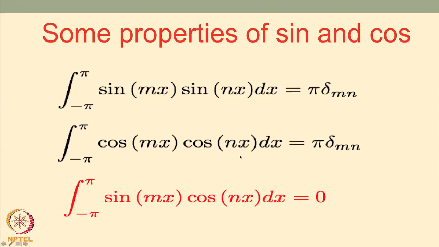Similarly, for cos mx and cos nx, if I multiply and integrate, the integral is 0 if m is not equal to n. Similarly, sin mx and cos nx, whatever be m and n, is always 0. So, this is the property that helps us do this trick and obtain this.